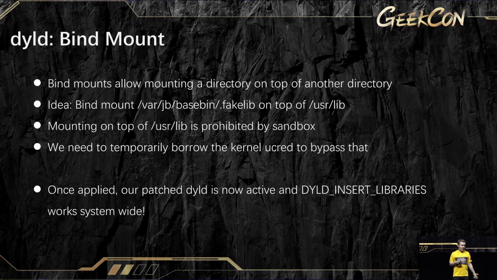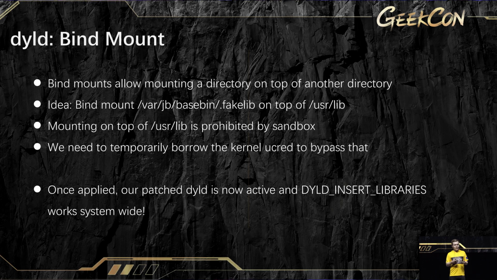So in practice, we will use a bind mount for this. We will essentially copy the contents of usr/lib to some writable location. And then we will replace the dyld in that folder with a statically patched dyld, and then mount the writable folder on top of the existing usr/lib. Normally the sandbox rejects this, it doesn't allow us to mount on top of this path.